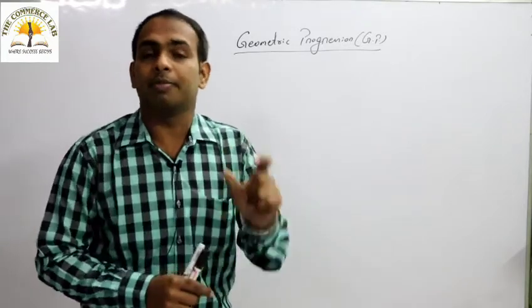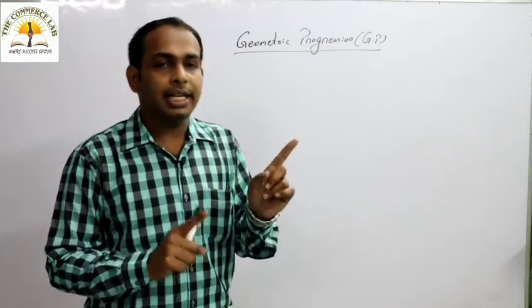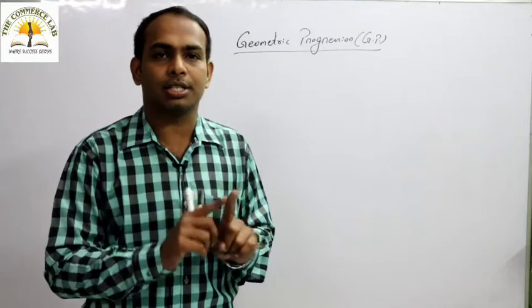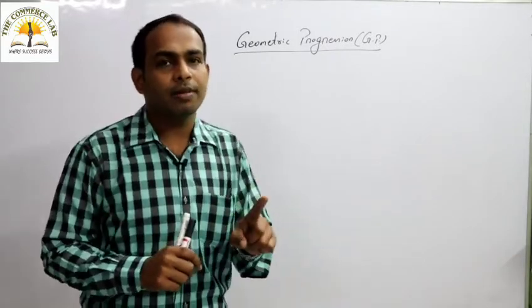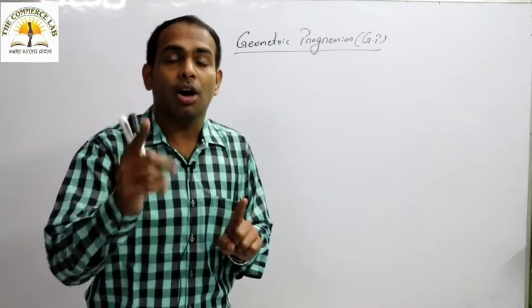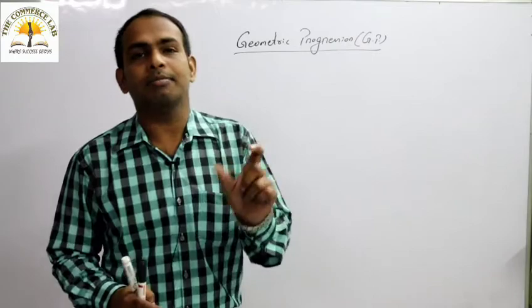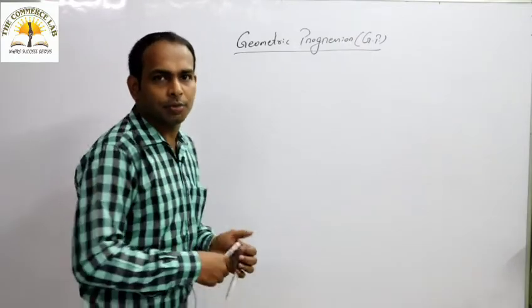Last class in arithmetic progression, the same quantities were increased or decreased by the same constant, but here in GP, if some quantities are either multiplied or divided by the same constant, then that series is known as geometric progression.